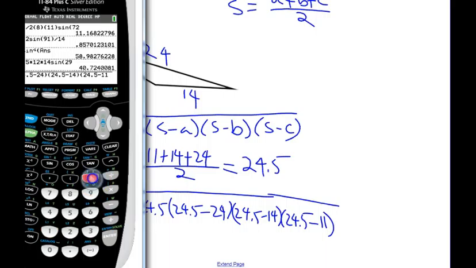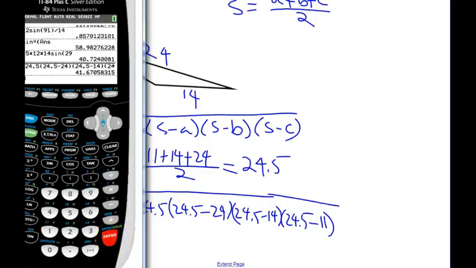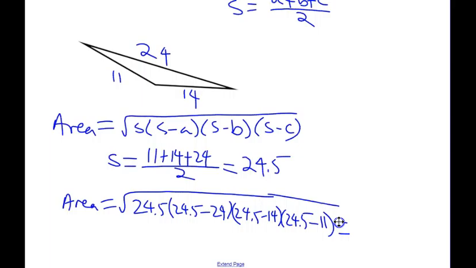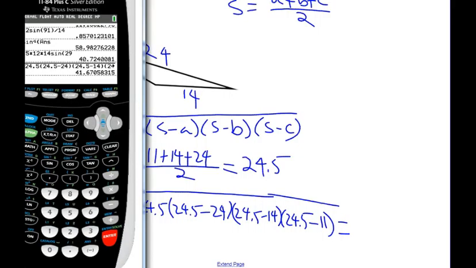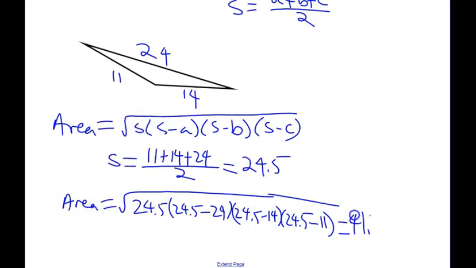Okay? All right, so by doing that, I get a total area of 41.7 square units. So the area of this guy is 41.7 square units, okay? And again, all you have to know is all 3 sides of that to find that.